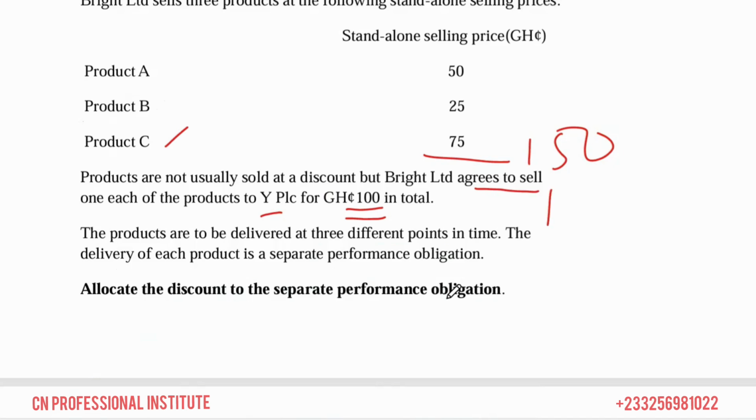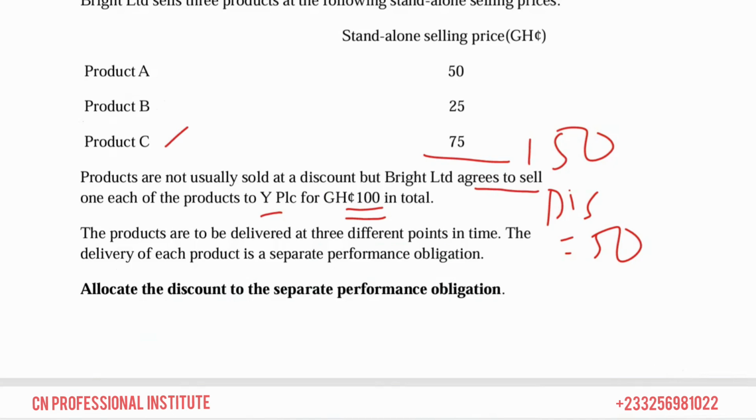So can you realize that there's a discount? We've given a discount of 50 cedis. And this question is saying we should allocate the 50 cedis discount, not the transaction price. So how do we allocate it?